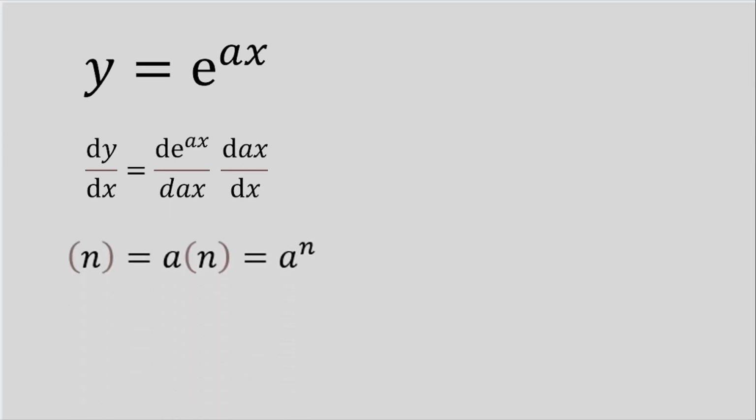So this time also it will be just similar to what we have previously learned, that a will be a function of n, and therefore a power n will be the final result. So we get a combined formula for this given special function, that is, the nth derivative of y is given by a power n times e power ax.